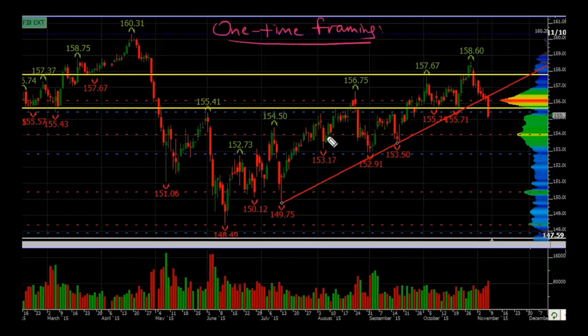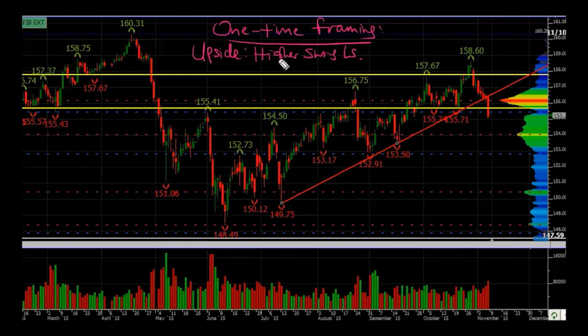The concept of one time framing basically means that a market's moving in one direction and it's posting, let's say if it's moving to the upside, we're always posting higher swing lows. And obviously we'd have to be taking out the previous swing highs as well.